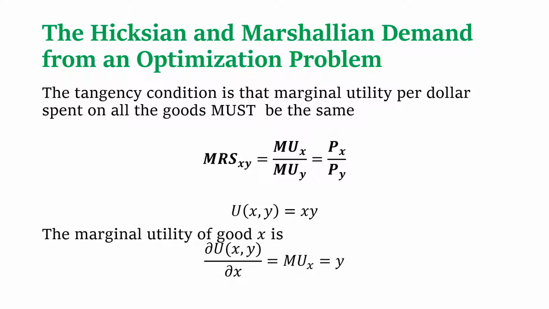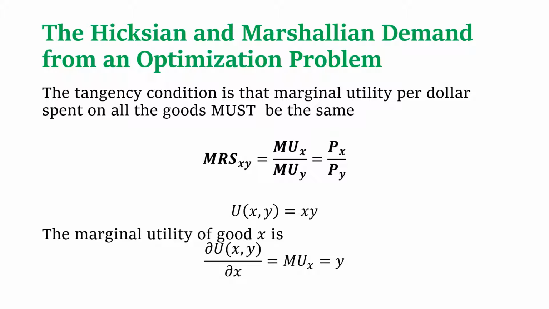Now, if you have a utility function given as u(x, y) equals xy, how do you obtain the marginal utility here? To obtain the marginal utility of x, we simply differentiate the utility function with respect to x. That is du/dx, and that is MUx. That MUx equals y.